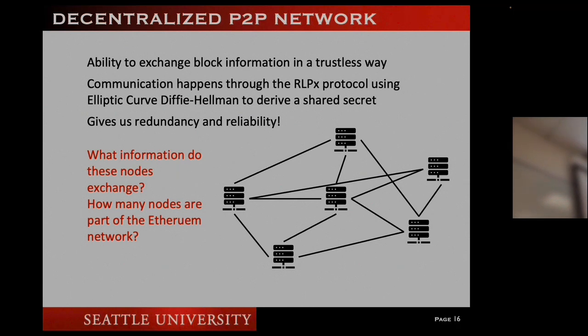So they need to exchange node information, essentially the IP addresses of each of the nodes, because then I can start connecting to more nodes and get information better, and it increases reliability. And then, of course, the block. Okay, now you can do some Google searching and find out how many validators exist on the Ethereum network.